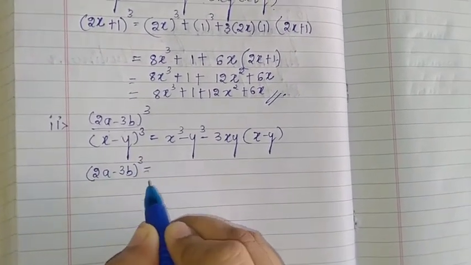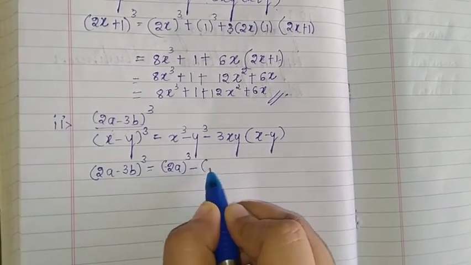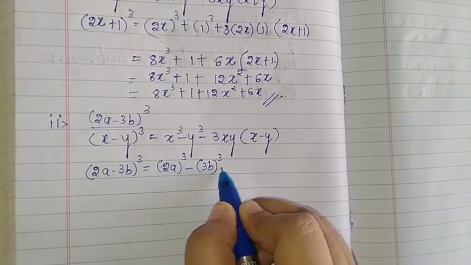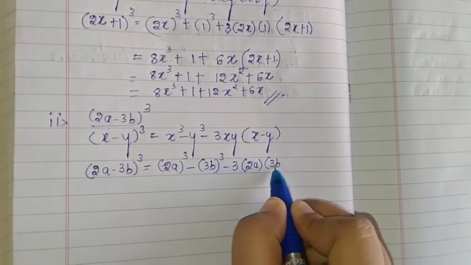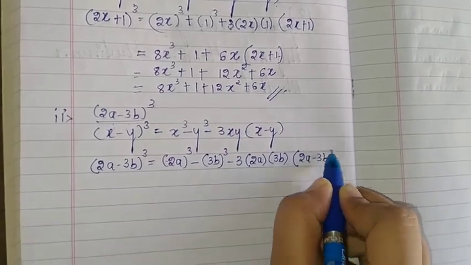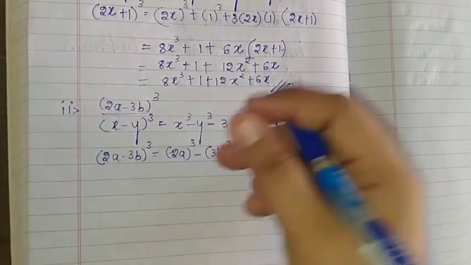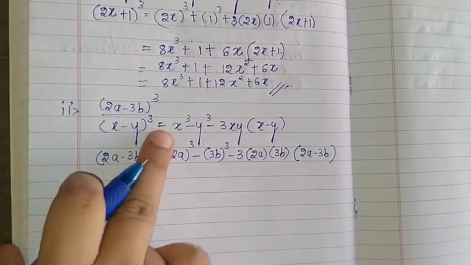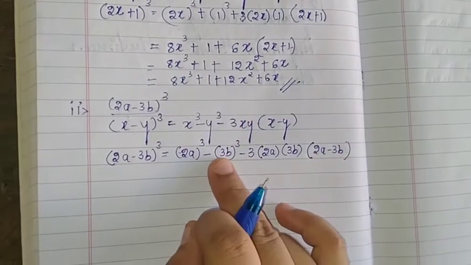So (2a - 3b) the whole cube will be equal to (2a) the whole cube minus (3b) the whole cube minus 3 into 2a into 3b into (2a - 3b). So in place of x you have to substitute 2a and in place of y you have to substitute 3b over here.